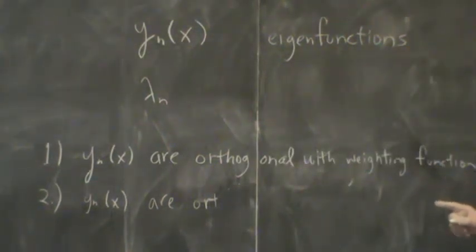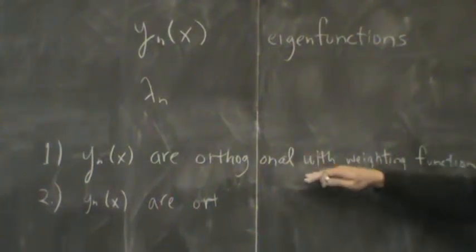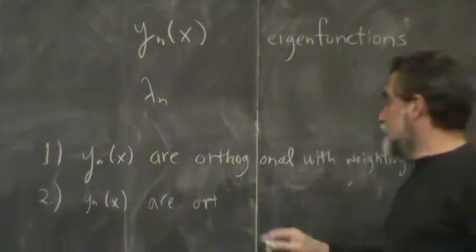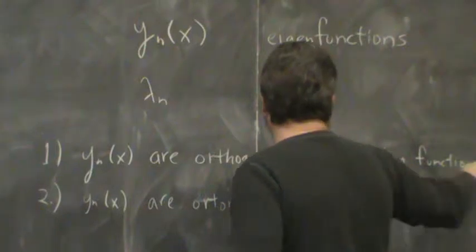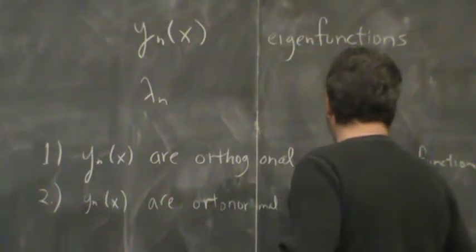So what you said is right, Ryan, but here, if I just multiplied by some function of x without care for any constants, then I would have orthogonal but not necessarily normal. Okay? Orthonormal with the right weighting function and constants.